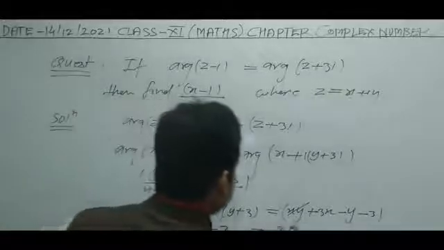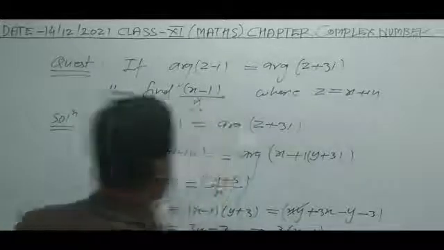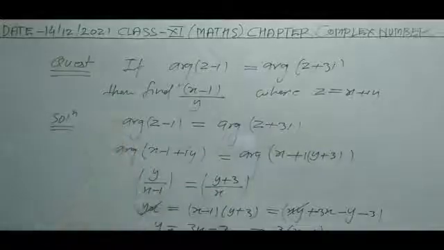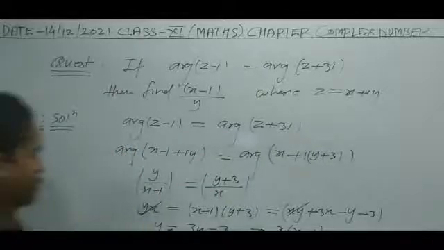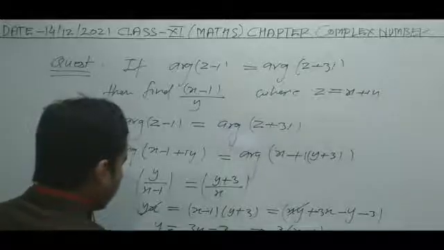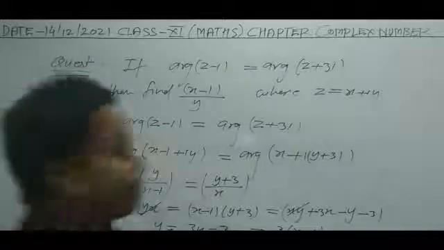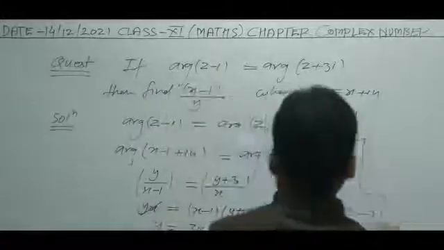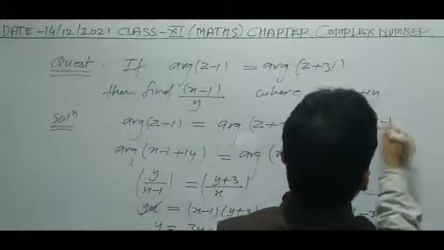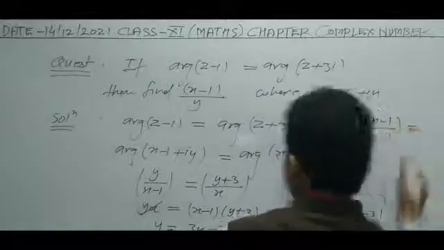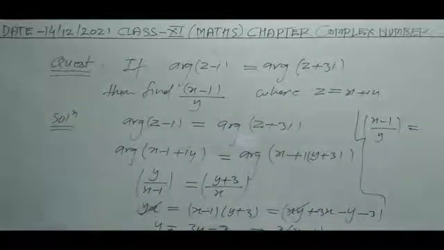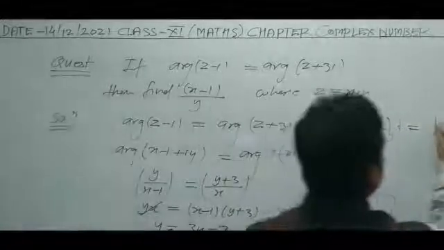and this implies 3 times (x minus 1), and we have to calculate x minus 1 upon y. So the result will be x minus 1 upon y, which we can write as 1 by 3.